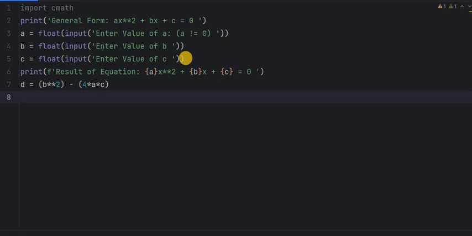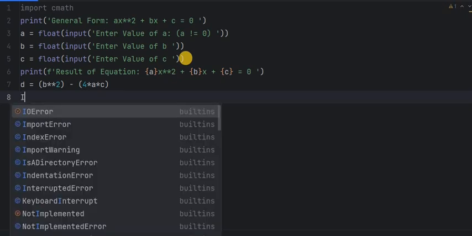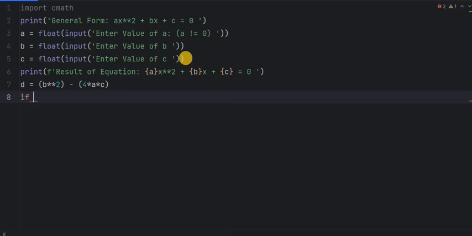So we are going to use if statements. We have if d, I'm just going to try and make everything short. If this is greater than 0, so what should it do?